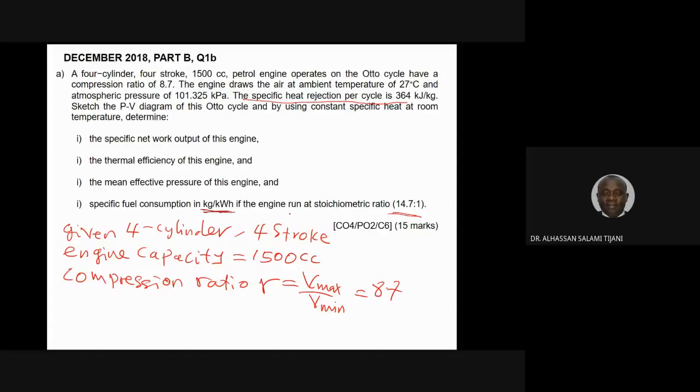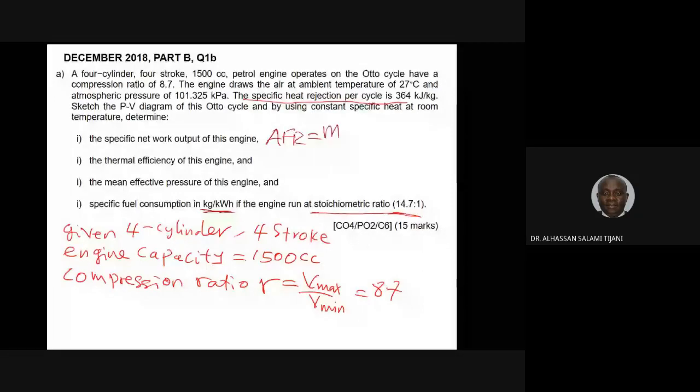Stoichiometric ratio, this is what we call air fuel ratio, AFR, which is given by the mass of the fuel divided by the mass of air in the cylinder.